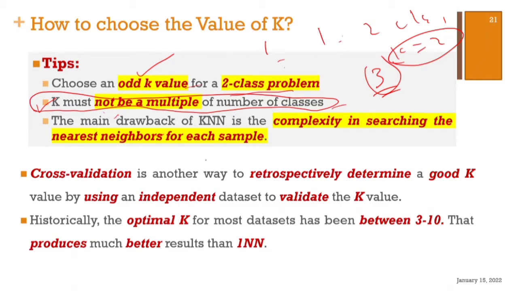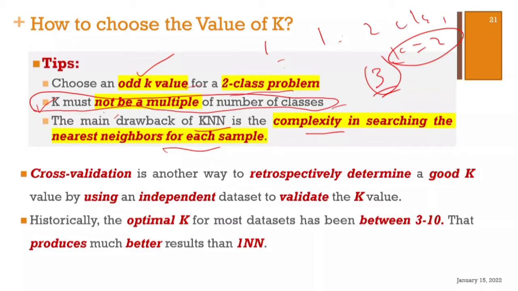Now, the main challenge of K-nearest neighbor is the complexity in searching for the nearest neighbors for each example. Every time you have a new sample to be classified, because it doesn't build any model, unlike the learners we are going to see later, this one doesn't build any specific model. So whenever you have a new sample, it has to compute the distance between this new sample and all the training samples. Imagine you have 1,000 training samples.